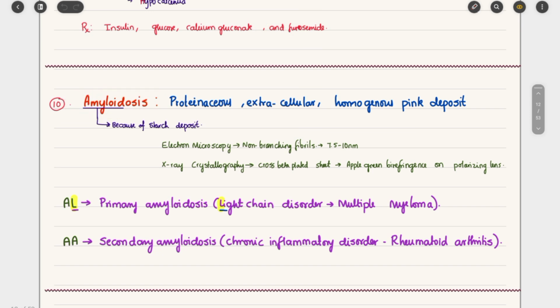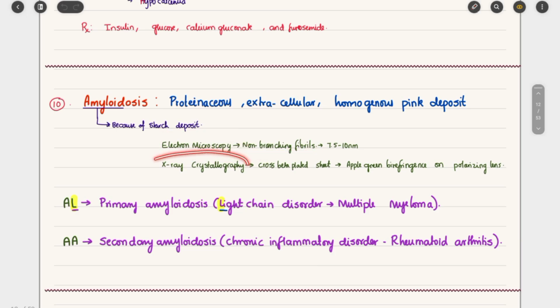Amyloidosis is what? It is a proteinaceous, extracellular, homogeneous pink deposit, deposited in the extracellular space. Why is it amyloid? Starch deposits. Electron microscope shows non-branching fibrils.